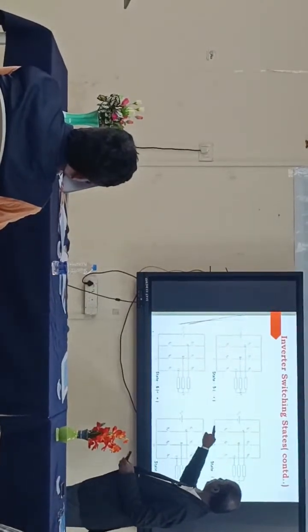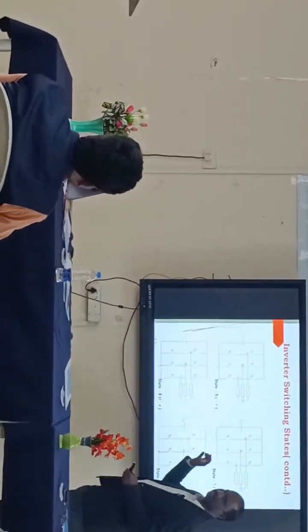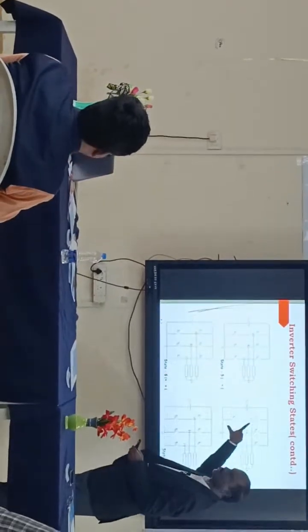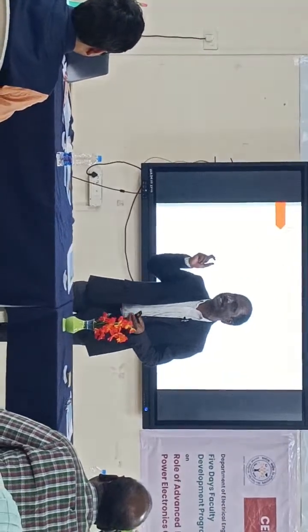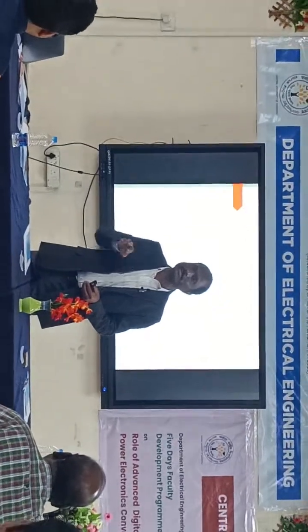What is the pole voltage? A is connected here, so what is the voltage across this? That is nothing but VDC. Here also VDC, here also VDC. What is your voltage vector? VDC plus VDC e to the power of j2π/3 plus VDC e to the power of minus j2π/3 by our formula. So the resultant will become 0.